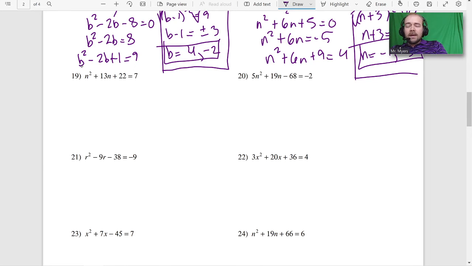19, we don't have a thing in front of the n squared again, so that's pretty nice. Sorry, my nose is itchy. Okay, so we subtract 22 on both sides. Subtract 22, let's see, what would that be? 14, 15?